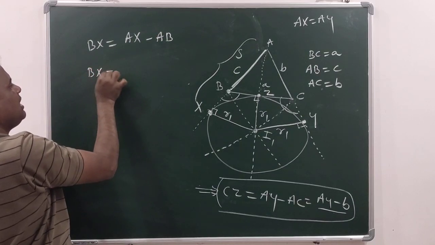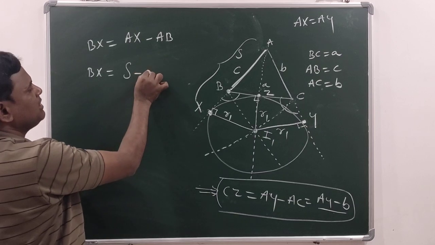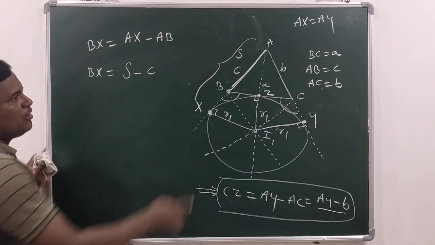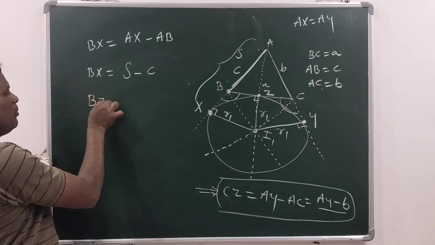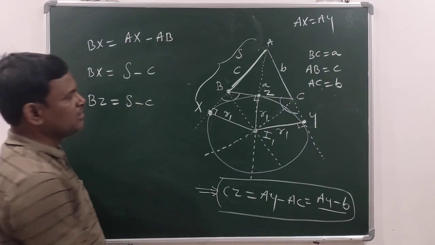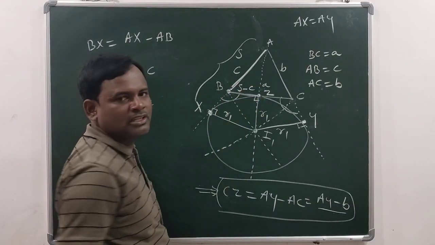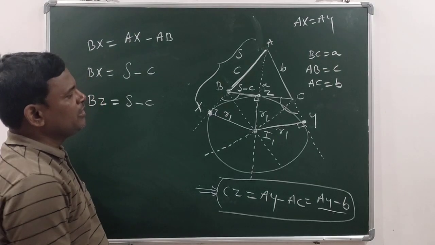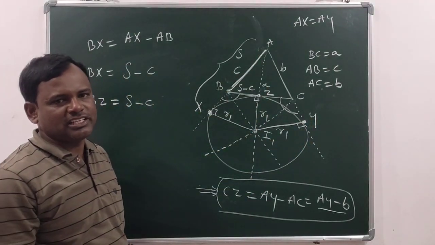Just now we learnt the AX length we got is S, and the AB length will be C. Now you know BX length is equal to BZ. Now BZ is equal to S minus C. The distance from B to Z is how much? S minus C. In the same manner, if you go to AY, whose length is S.